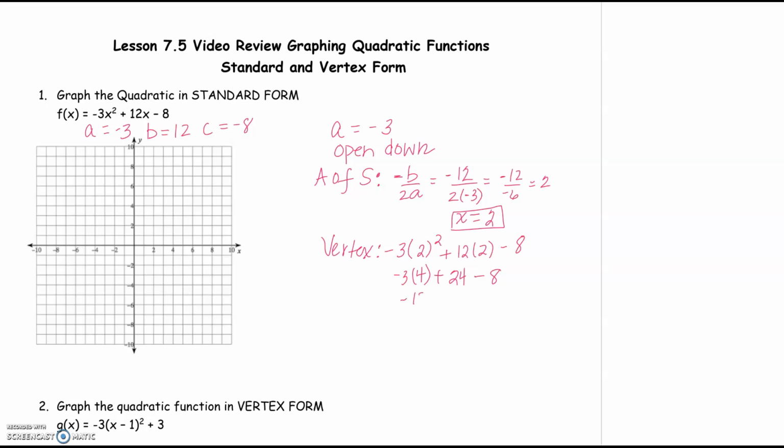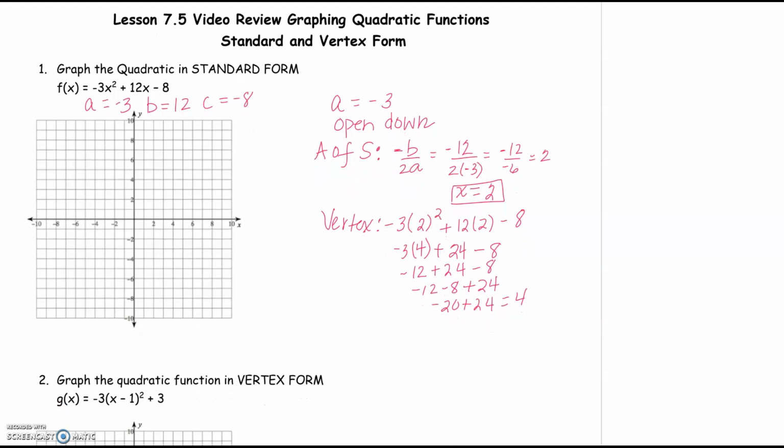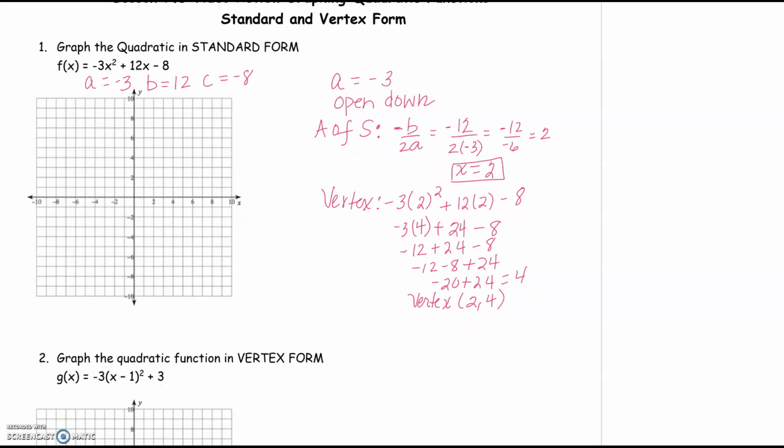Negative 3 times 4 is negative 12 plus 24 minus 8. I'm just going to rewrite this so the negatives are together, because I can add those together. That's negative 20 plus 24, which is 4. And remember, please use your graphing calculators or any type of calculator so you're calculating this correctly, because if you get this incorrect, the whole graph is going to be incorrect. Now we have our vertex. Our vertex is our axis of symmetry as our x coordinate, which was 2, and the point we just found, or the y coordinate, which is 4.